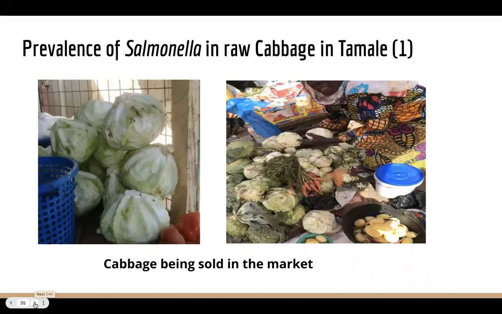So we tried to find out the prevalence of this salmonella on cabbage that is sold on the market. That's raw ones. So we took samples from the market, sent them to the lab, and tried to isolate and identify salmonella from them. And the results are in the next slide.